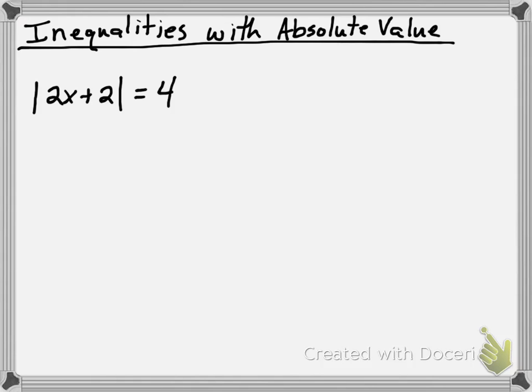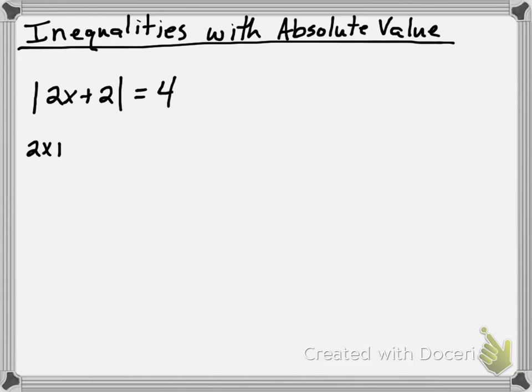So here I have the absolute value of 2x plus 2 equals 4. We should remember how we solve this. Remember, an absolute value actually has two values that could equal 4. So we set this up as two separate equations, because what's on the inside of the absolute value could be positive 4, because the absolute value of positive 4 is 4.